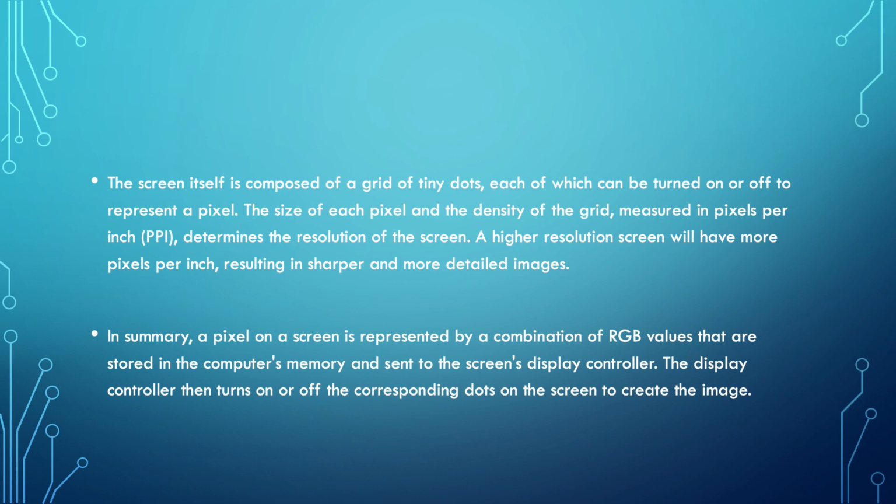The screen itself is composed of a grid of tiny dots, each of which can be turned on or off to represent the pixel. The size of each pixel and the density of the grid is measured in pixels per inch.